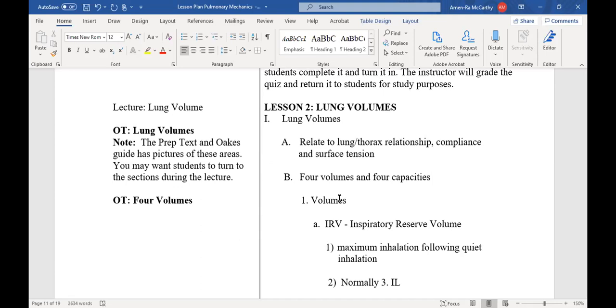I should see you doing your breaths, trying to figure out what is what, because there are different aspects and points of your breathing that constitute a capacity or a volume, okay? So lung volumes relate to the lung-thorax relationship, compliance and surface tension. We have 4 volumes and 4 capacities.